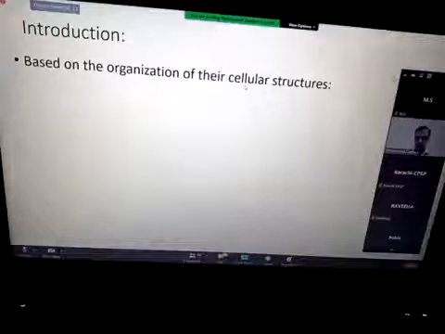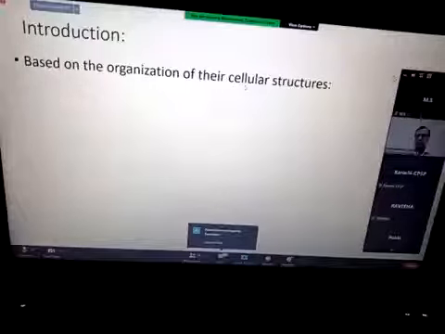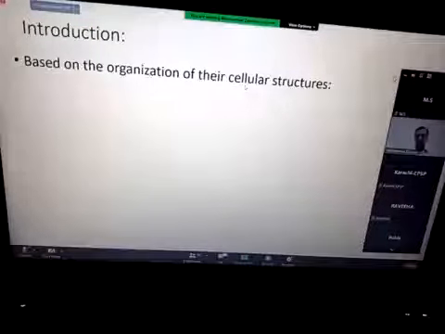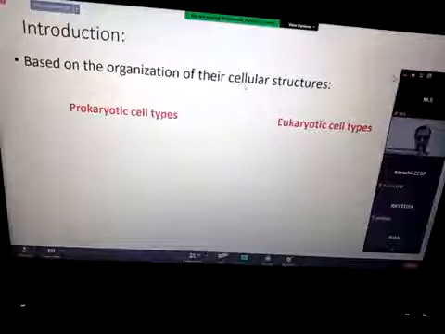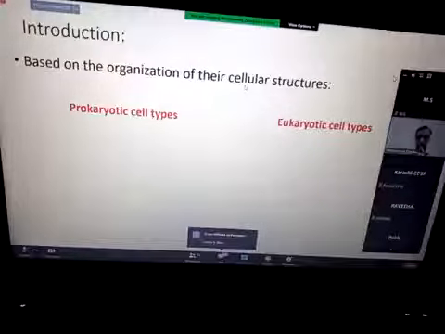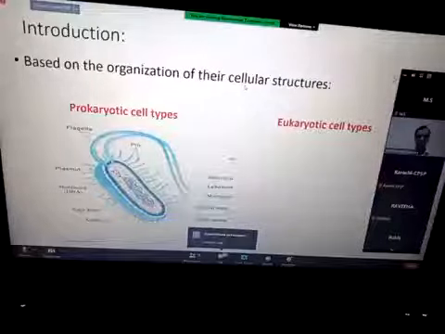Plants or animals have a more organized, more developed cellular structure as compared to the old or primitive sort of cells, which do not have very organized structure. On the basis of that, we can say that pro means primitive, karyote means cells, and eu means the new and more developed karyotic cells. So just the anatomy and structure of prokaryotic cells.